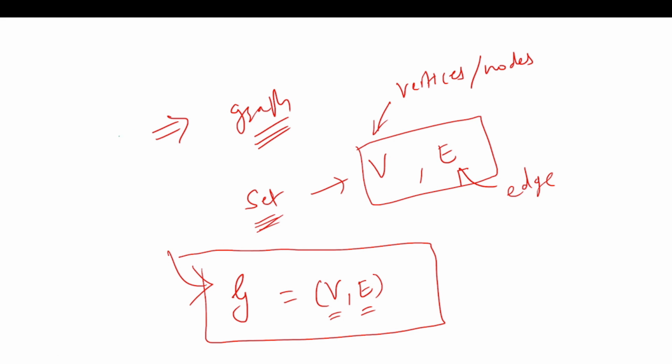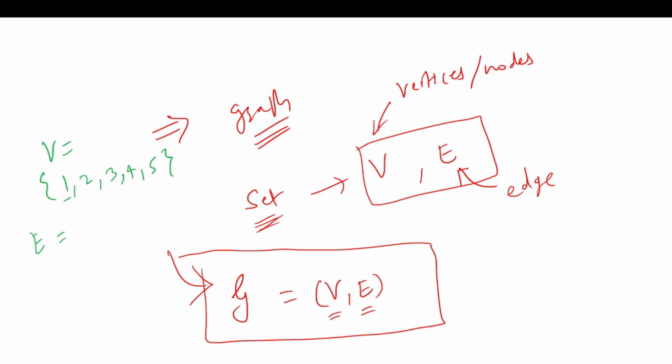Okay, so now I have changed the color of my pen. Let's suppose V contains the data 1 2 3 4 5. And E contains some values.